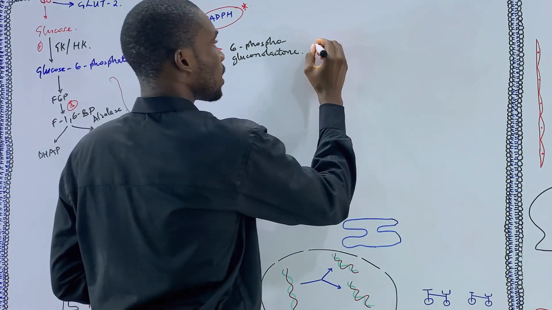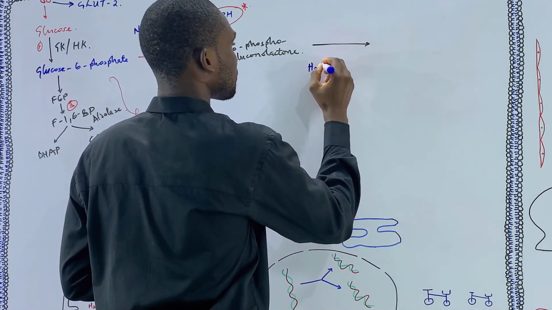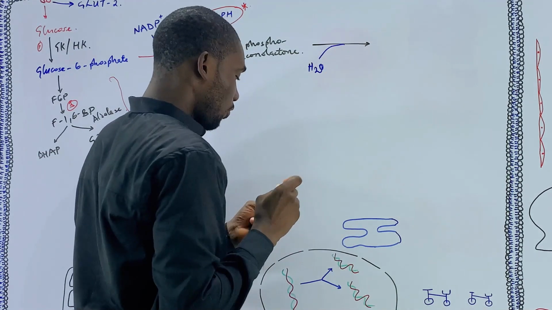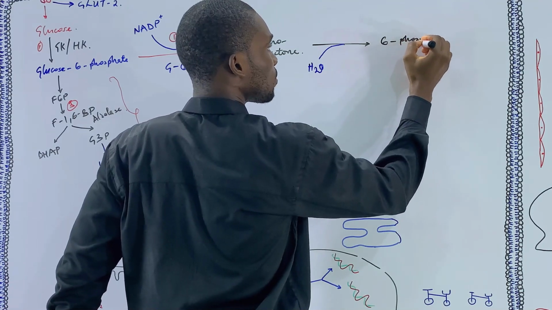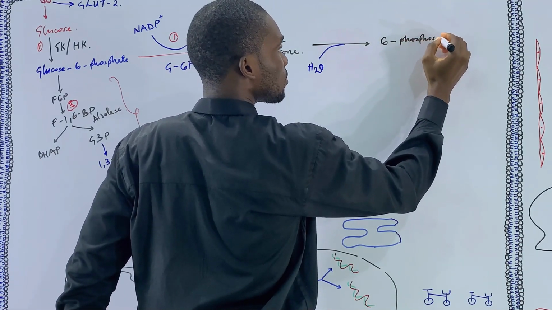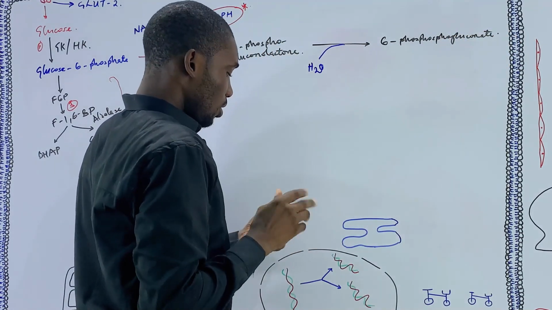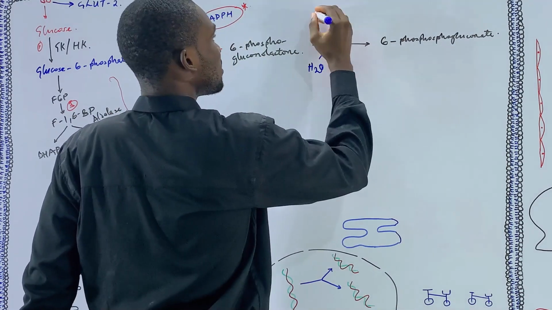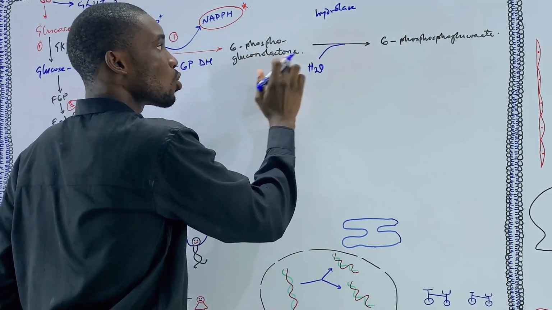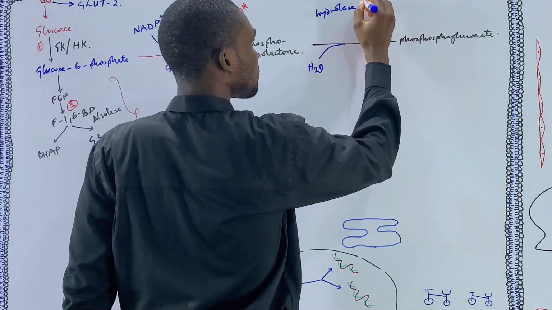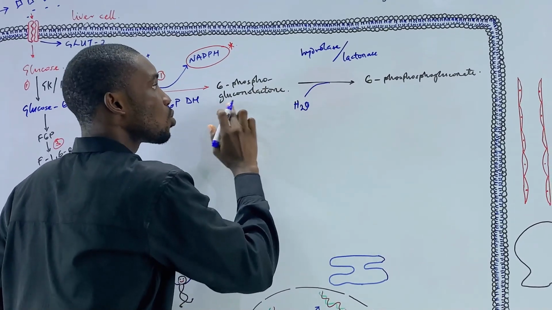Then this 6-phosphogluconolactone would be hydrolyzed by the addition of water to form the sister molecule 6-phosphogluconate. And the enzyme involved is hydrolase, that's 6-phosphogluconolactone hydrolase or lactonase, which is 6-phosphogluconolactonase.